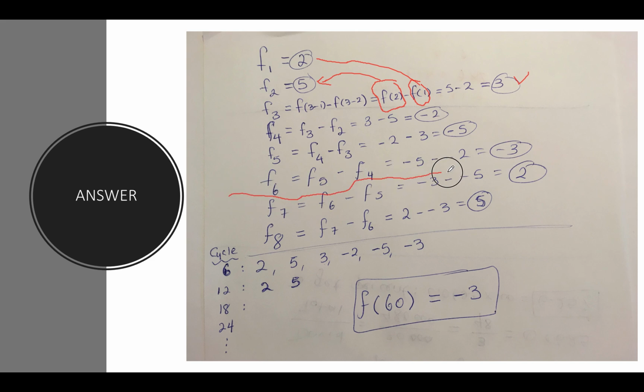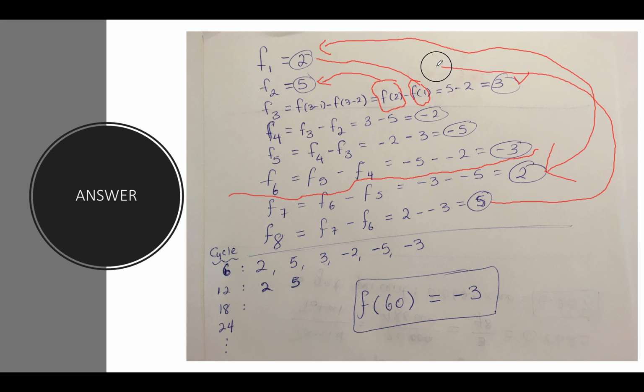The reason why: when I was solving this, I noticed the pattern right away. I noticed f of 7 gave me 2, which is the same answer as f of 1. Then I did f of 8, and I got 5, which is the same answer as f of 2.